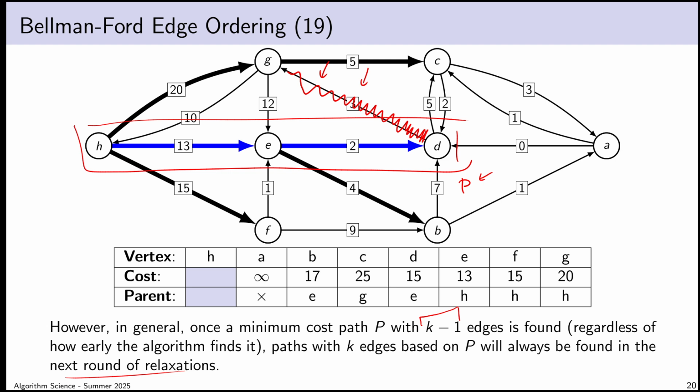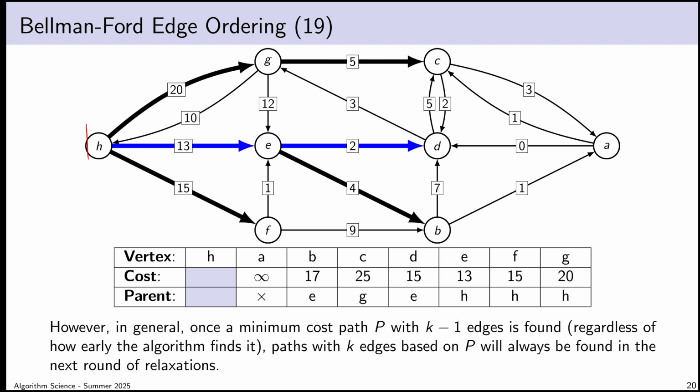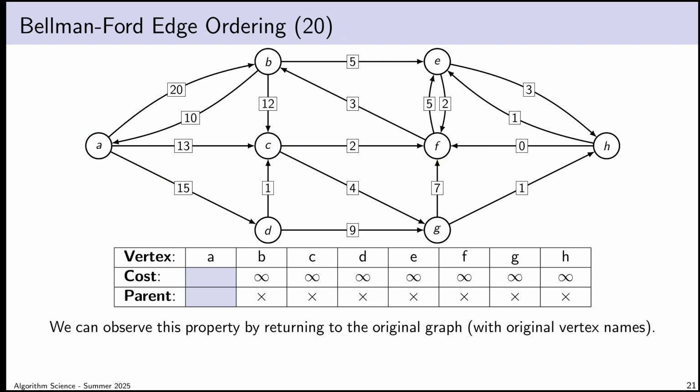What I care about is once I've gotten a minimum cost path of a certain length, I am only 1 step away, that is 1 edge relaxation away, from finding any minimum cost path that is that path extended by a single edge, whether I do my relaxations in whole rounds across the entire graph or not.